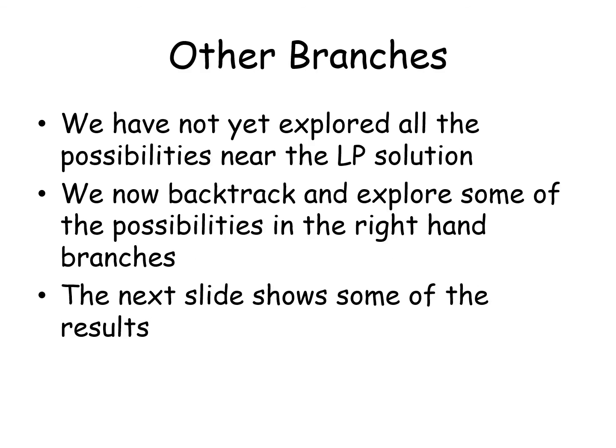We have not yet explored all the possibilities near the LP solution, because I have to backtrack to higher levels. We now backtrack and explore some of the possibilities in the right hand branches, which I showed you how to do. Now let's look at some of the results.